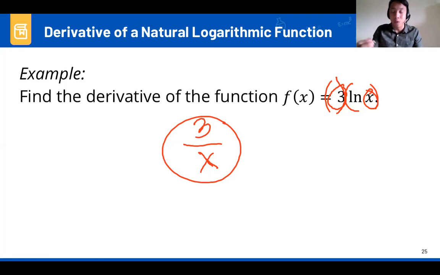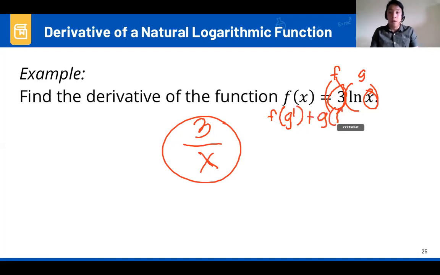What is that rule? We have f and g, imaginary f and g. To follow that rule, we just copy f multiplied by the derivative of g, plus g multiplied by the derivative of f.